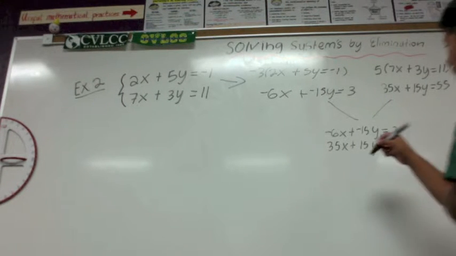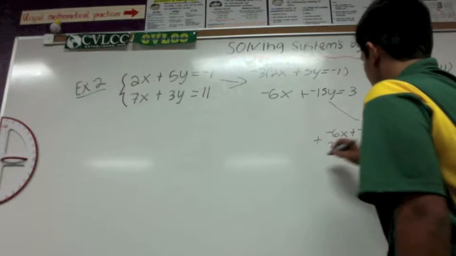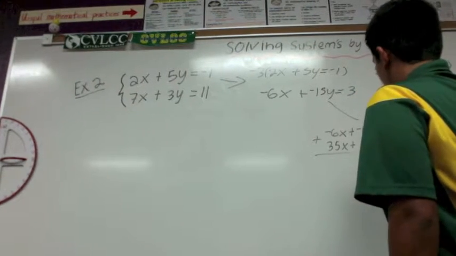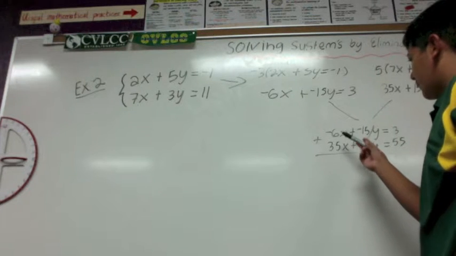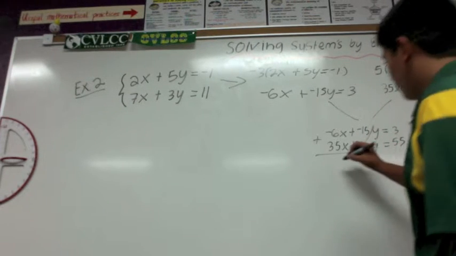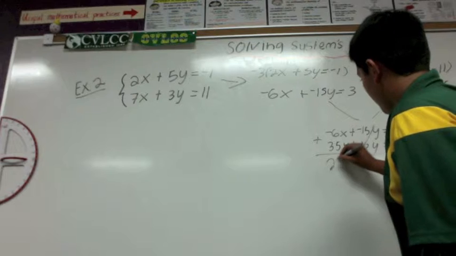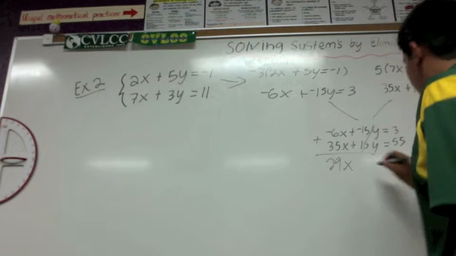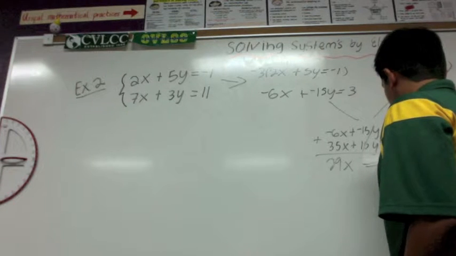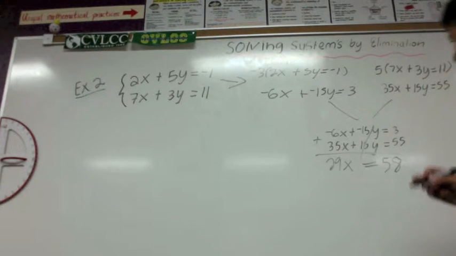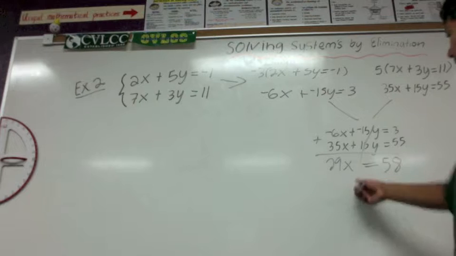So we're going to add both equations, and the y's cancel out. 35 plus negative 6 is equal to 29x is equal to 58. So now we need to isolate the x.